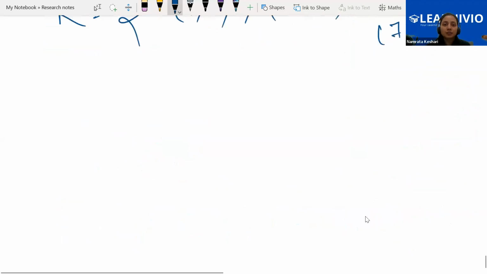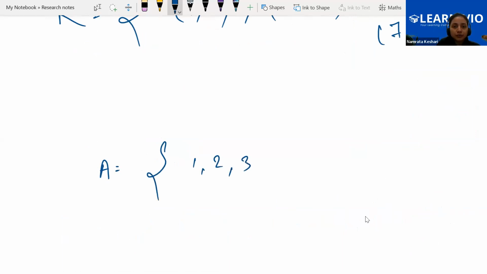Now the next concept is: suppose A is {1, 2, 3} and B is {5, 6}.